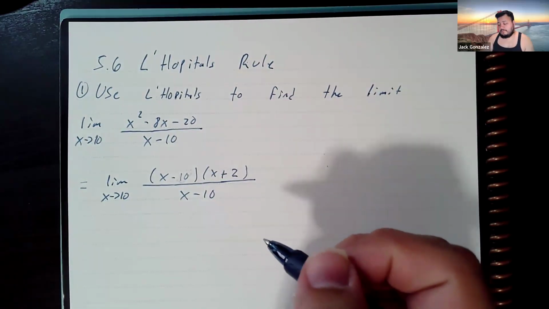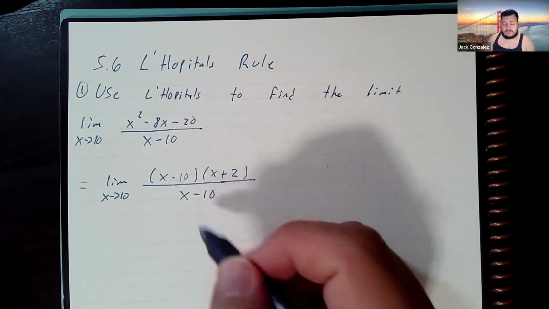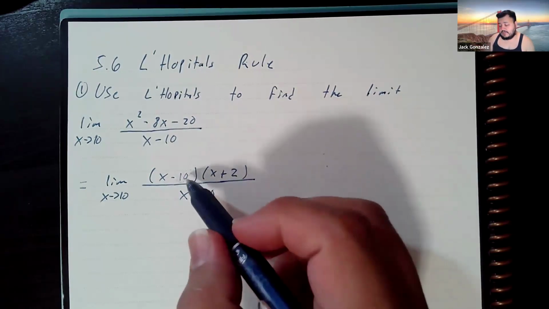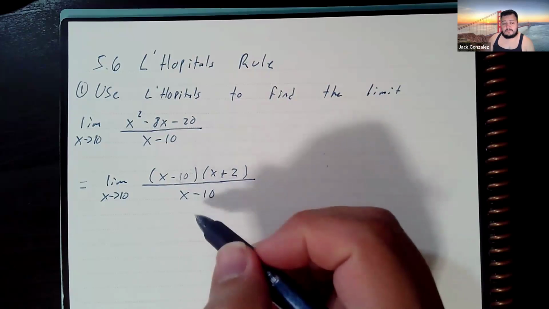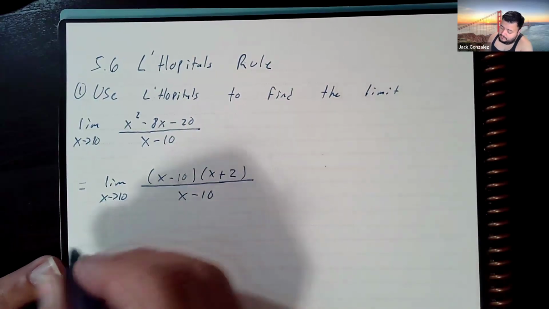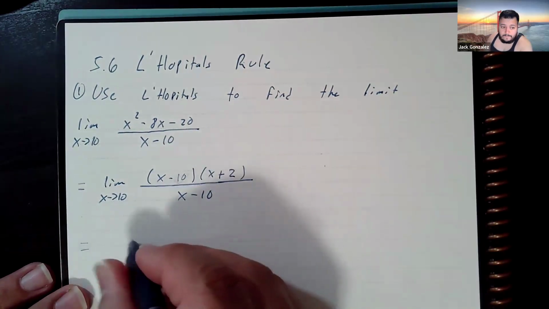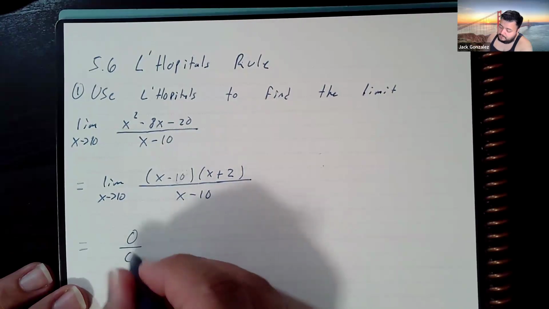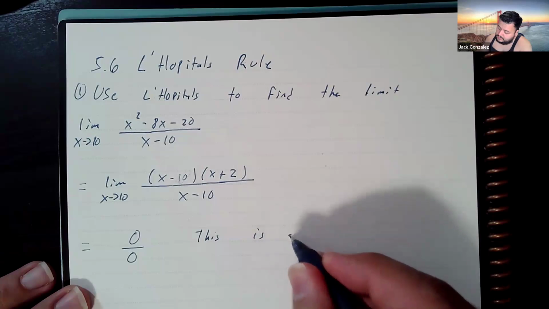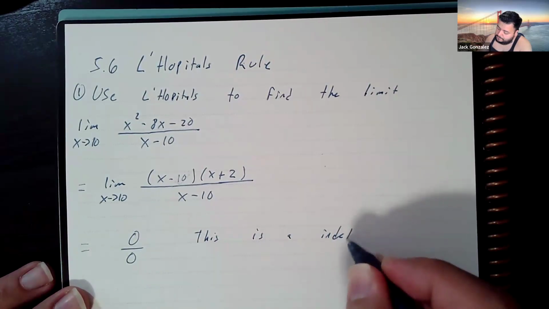So technically, I mean, yes, we talked about removable and cancellation, but technically right now, if I plug in 10, I have 0 over 0, right? So currently, if I took the limit, you would end up with this. So this is an indeterminate form.